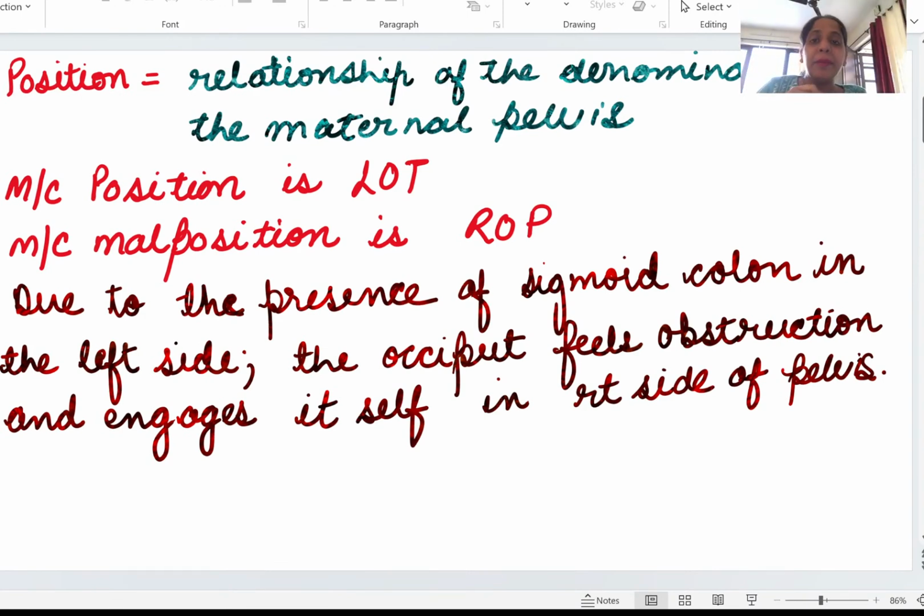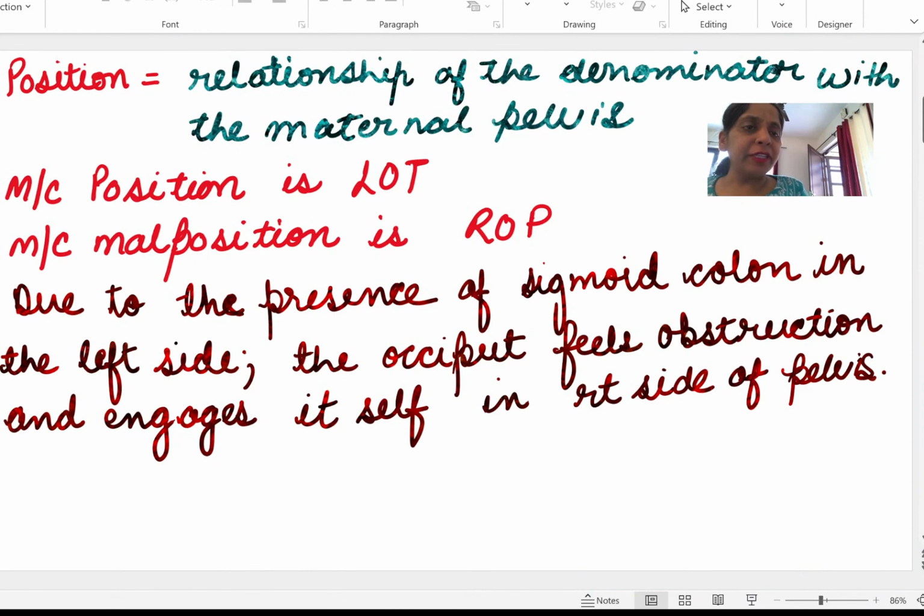Yes, the position, the most common, what is position? Where the denominator is in the maternal pelvis, that is the position. Okay? Got it?